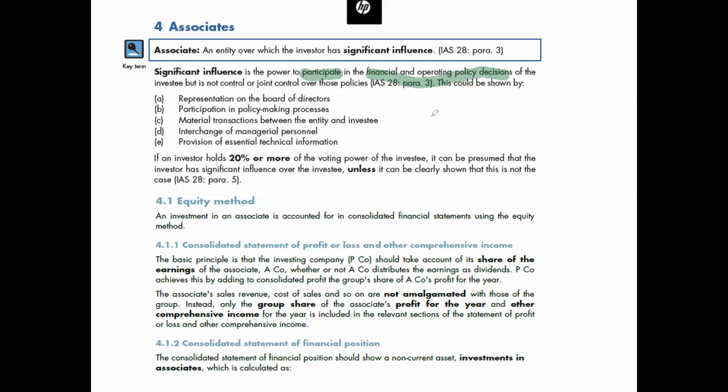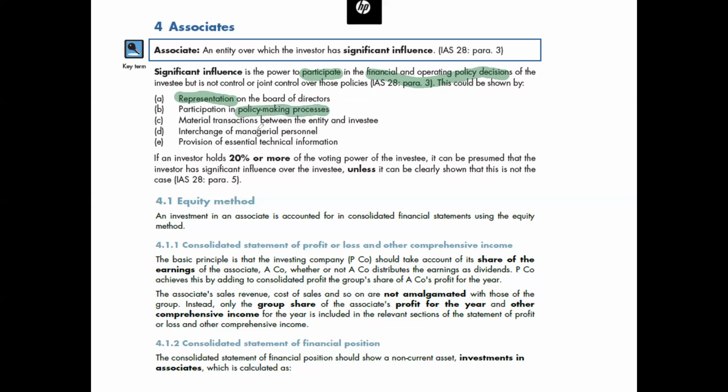And then they tell me the following might show this, if I have representation on the board. So part of your discussion of significant influence will be these items. If I can represent a director on the board, I have significant influence. If I can participate in the policy-making process, I have significant influence.